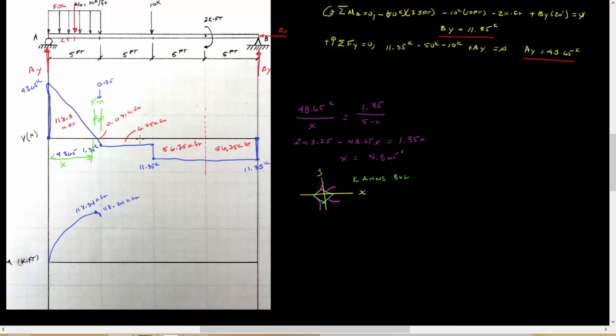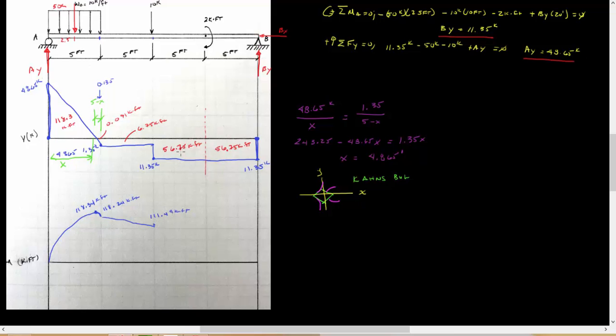Now, we have this rectangle here. This is linear, so I'm going to redraw that. We're going down 6.75 kip feet, down to about right there, at 111.49 kip feet.